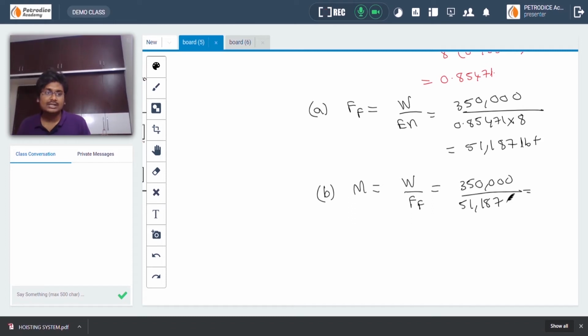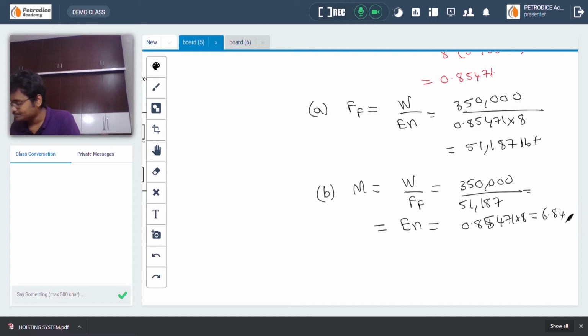It can also be written as En, that is 0.85471 times 8, which is 6.84. This is the mechanical advantage.